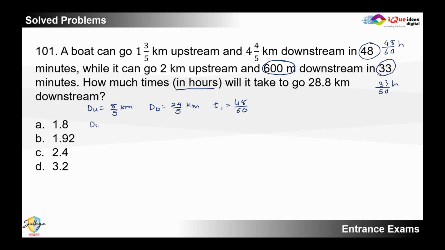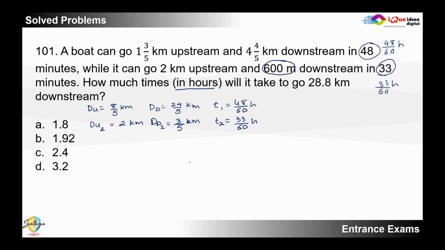Similarly, for the second case, the distance upstream is 2 kilometers. The distance downstream is 600 meters, that is 3 upon 5 kilometers or 0.6 kilometers, and the time taken is 33 minutes or 33 by 60 hours.